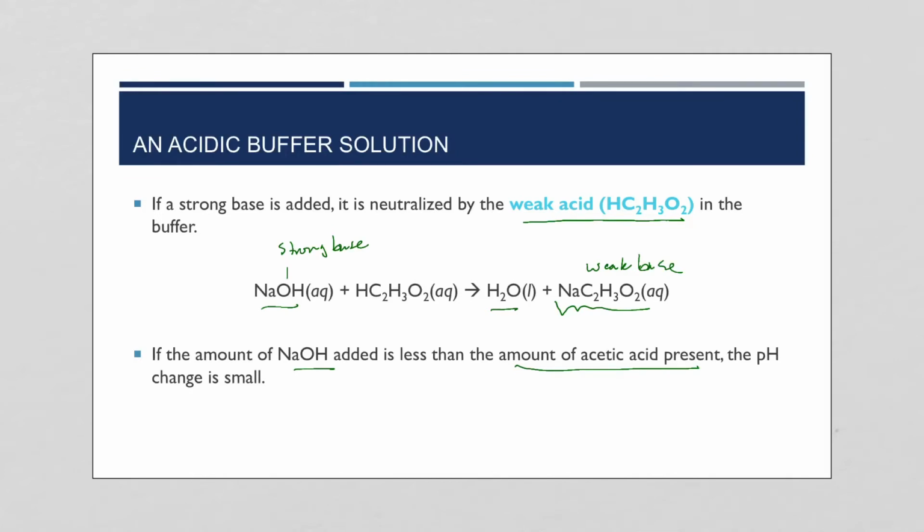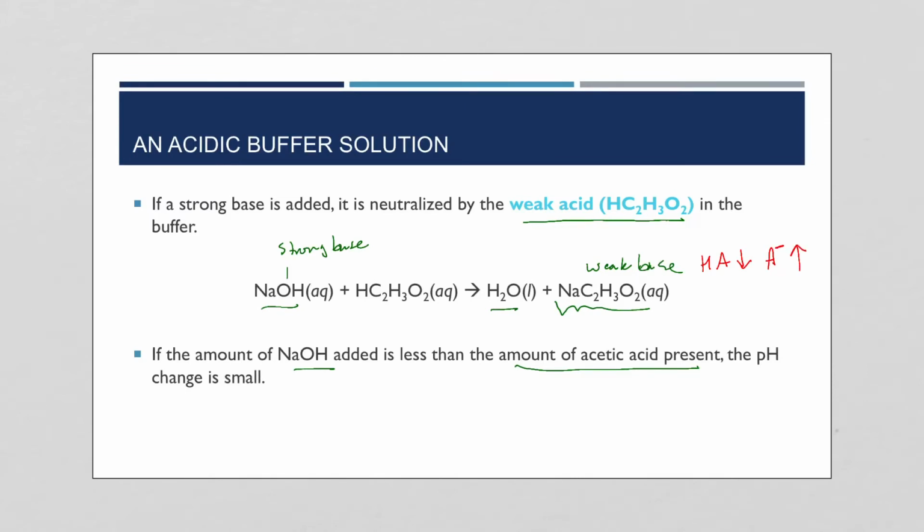And it converts that into water and the conjugate base of the weak acid. So, one way to look at the net effect here is the HA concentration goes down a bit, and the A- concentration of our buffering system goes up a bit.